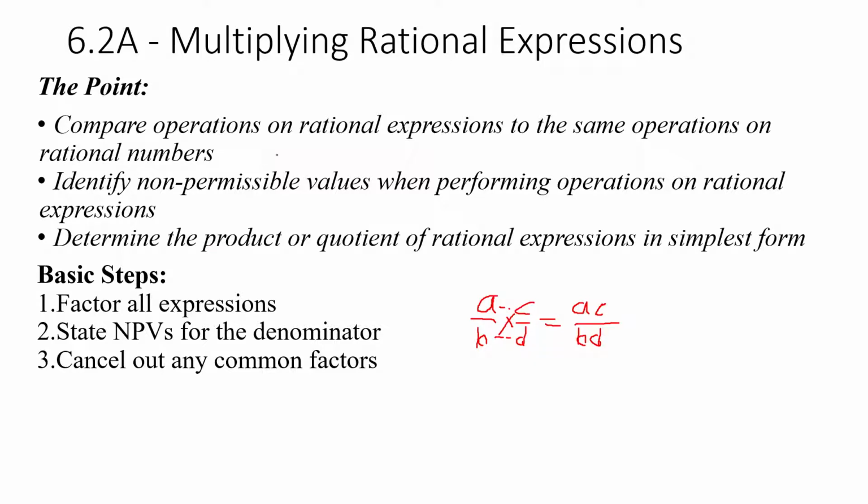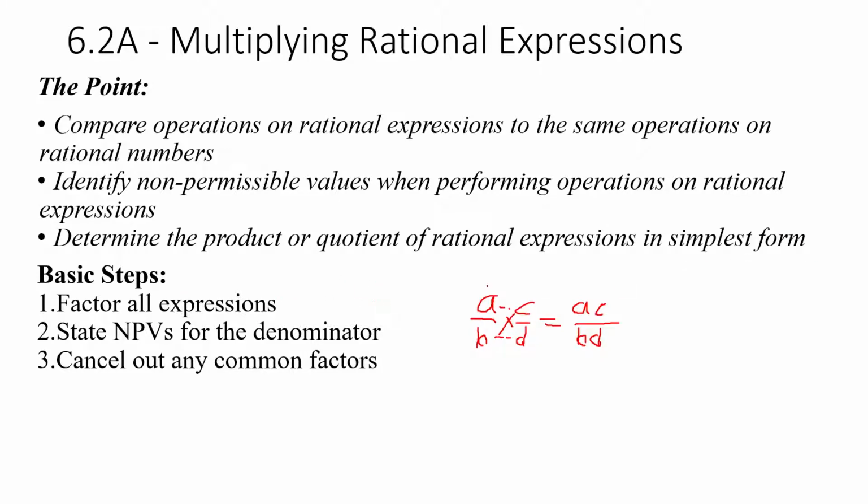So we're going to compare operations on rational expressions to the same operations on rational numbers. We're going to find the non-permissible values where b and d would be, and determine the product, and in our next lesson we'll be learning about the quotient, how to deal with a over b divided by c over d, and then put it into simplest form.